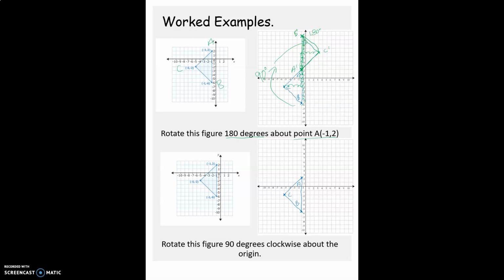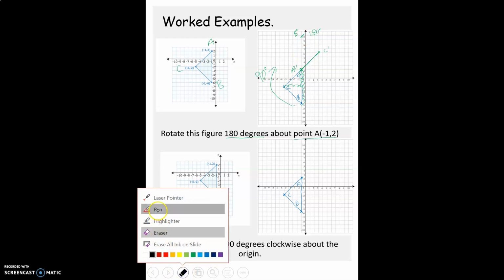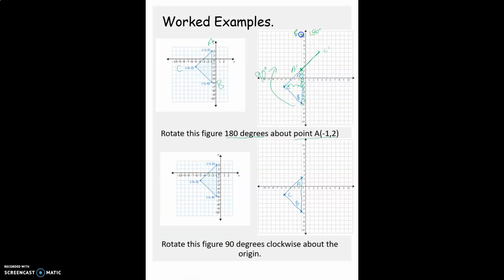Made a little bit of a mess of that one, so I'll just clean it up a little bit so that you can see the final result. Okay, so I've got my B dash, my A dash, and my C dash points.